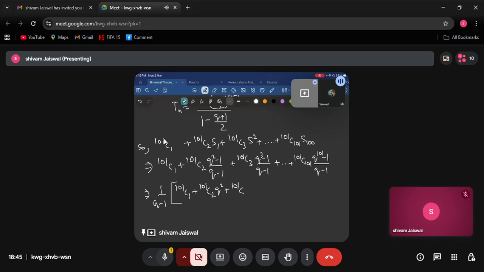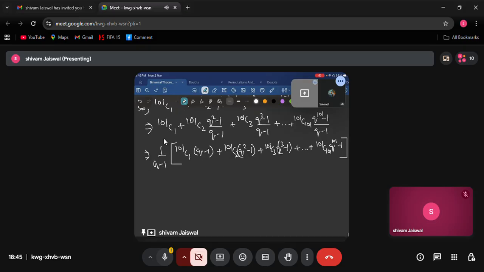I have taken 1 by q minus 1 common. Oh, over here also we need to multiply: 101C1 into q minus 1 plus 101C2 into q square minus 1 plus 101C3 into q cube minus 1 plus up to 101C101 into q to the power 101 minus 1. Are you getting?